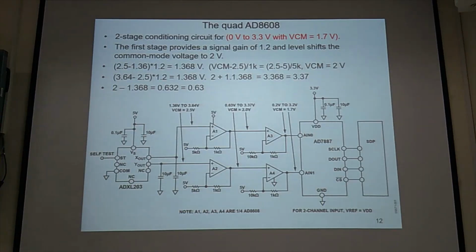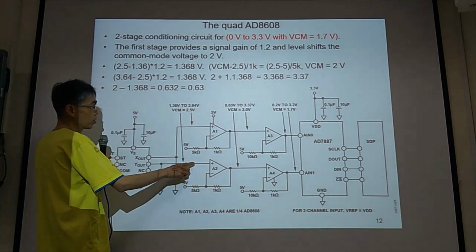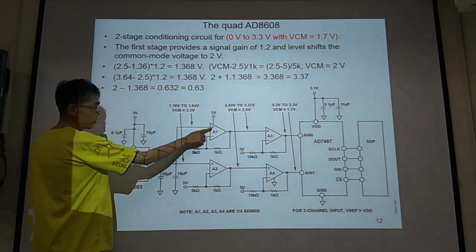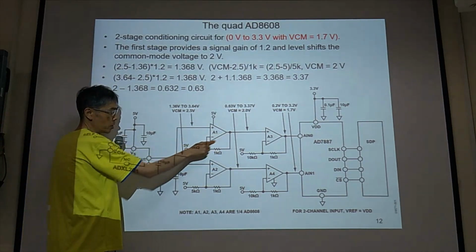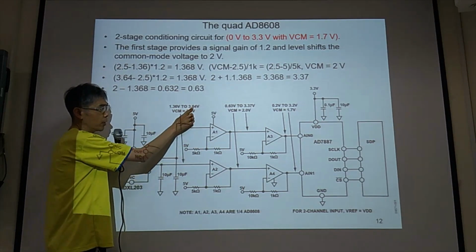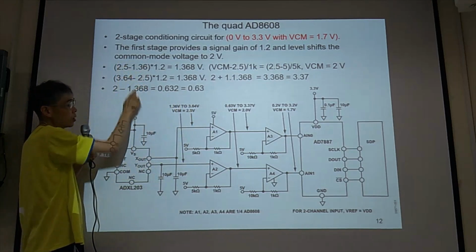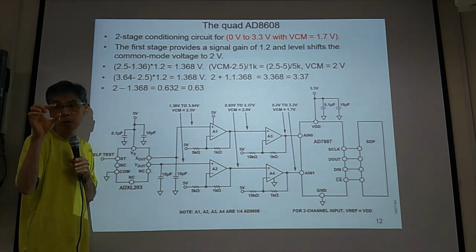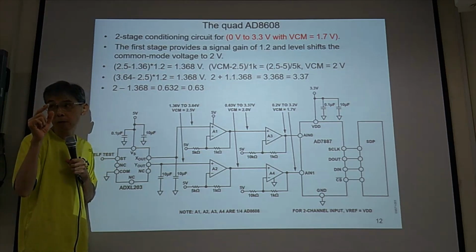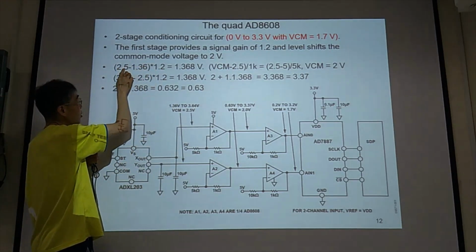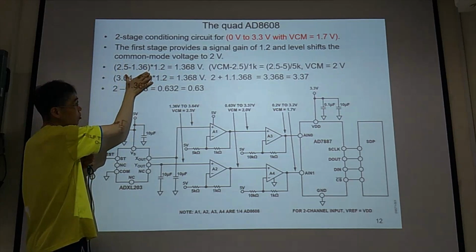So remember, when you do the gain calculation, the input to this non-inverting input of this op amp, common mode 2.5. So the maximum value here, you need to do this one, because the gain amplifies differential, not absolute value. Remember, for op amp, we amplify the difference, differential value.